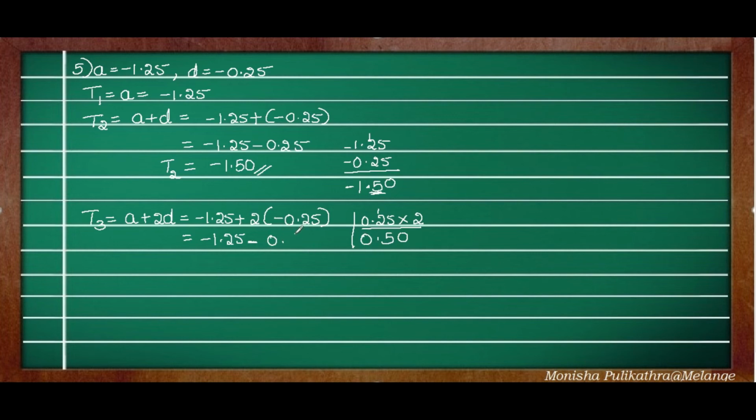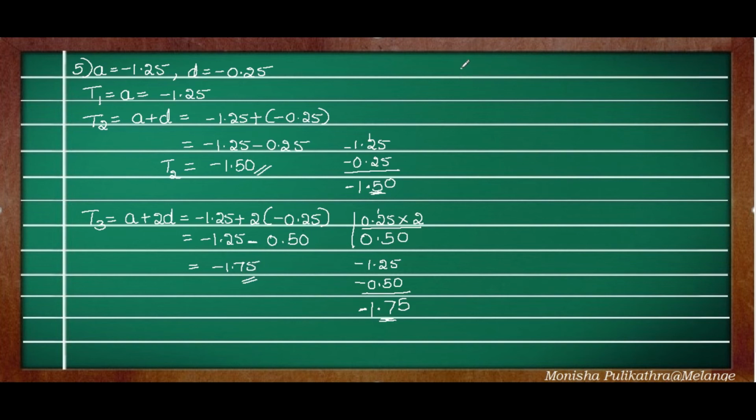So it is 0.50. Next, minus into minus is plus. We need to add both the numbers. That is minus 1.25 minus 0.50. So 5 plus 0 is 5 itself. 2 plus 5, 7. 1 plus 0 is 1. The larger number is minus 1.25. So minus. So the answer is minus 1.75. So this is the value for third term.